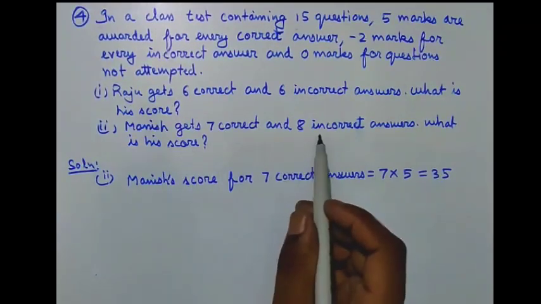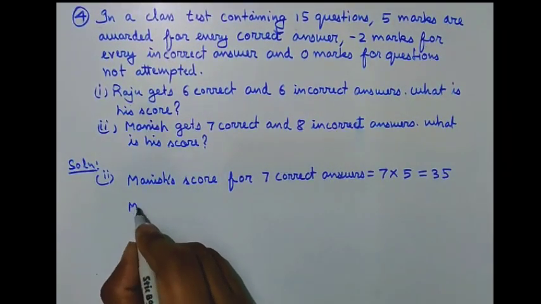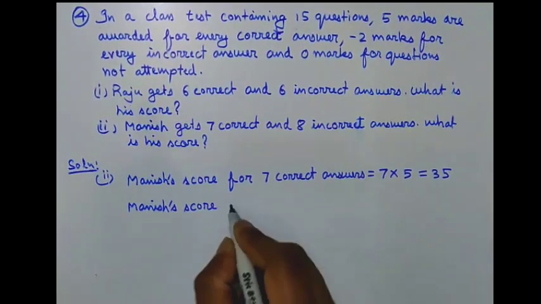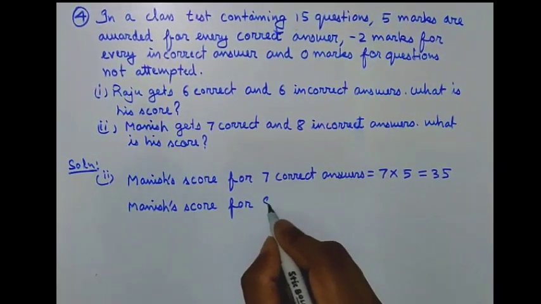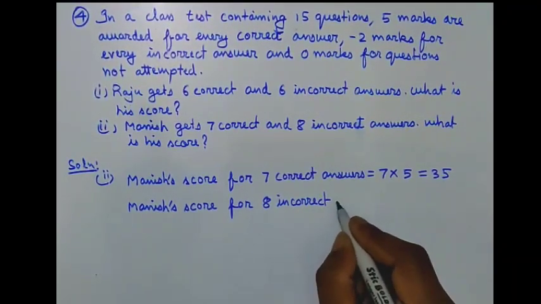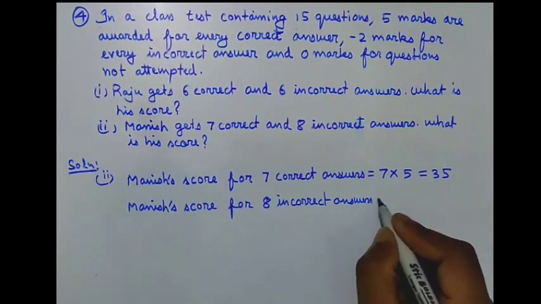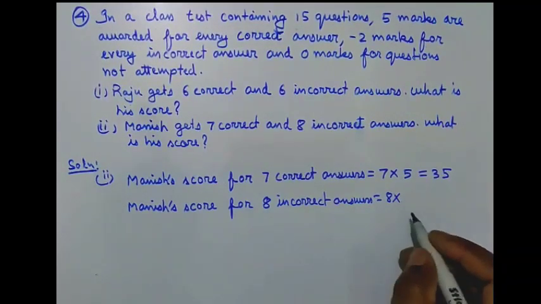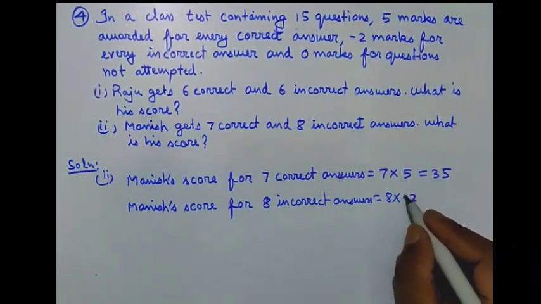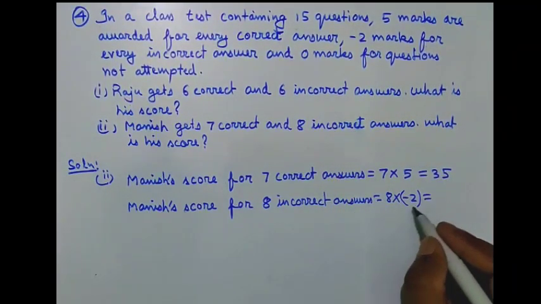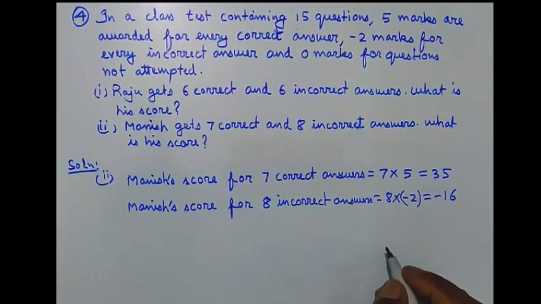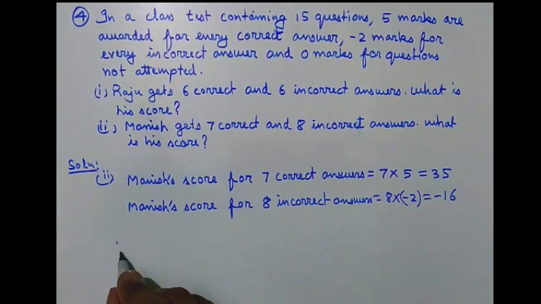So Manish's score for 7 correct answers is 35. Then Manish's score for 8 incorrect answers will be equal to 8 times what is the score for an incorrect answer? Negative 2. So 8 times negative 2 gives us negative 16. Now let's find Manish's total score.